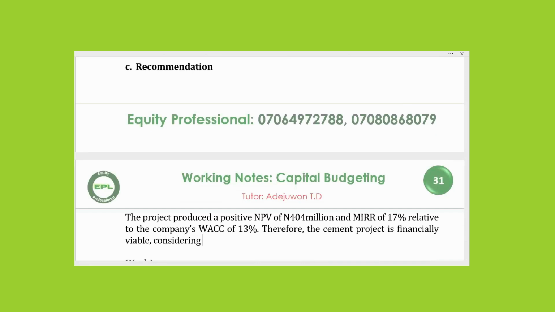Okay, there's no even need to say considering. You've already said that your NPV is positive, your modified internal rate of return is higher than the cost of capital of 13%. So you just say, therefore, the cement project is financially viable and should be undertaken.